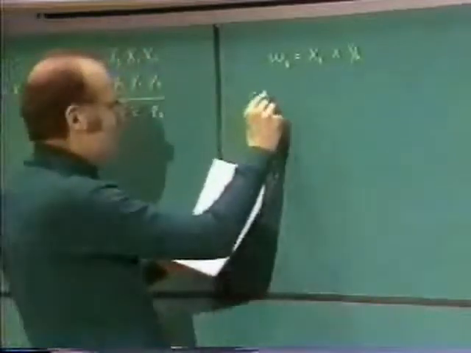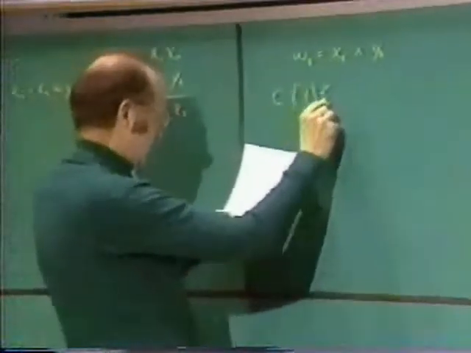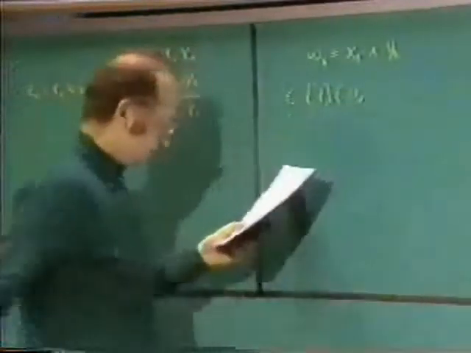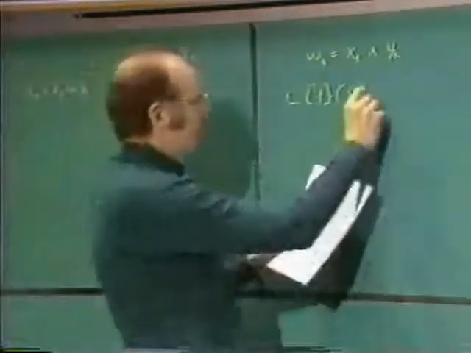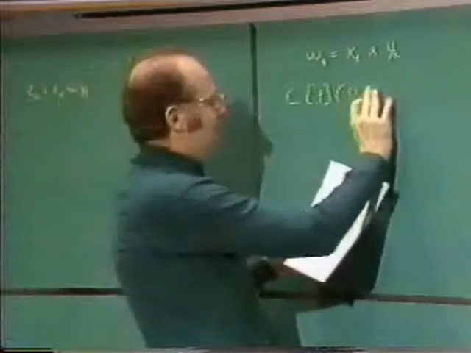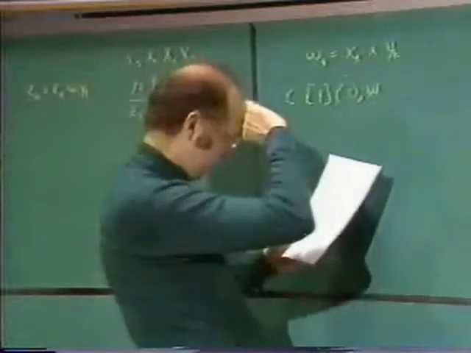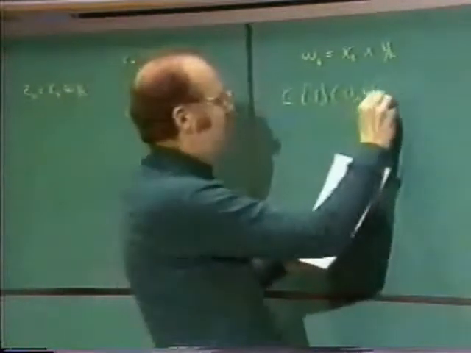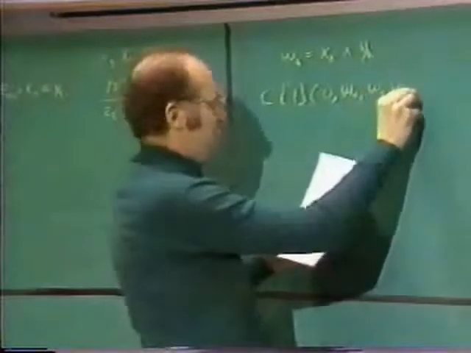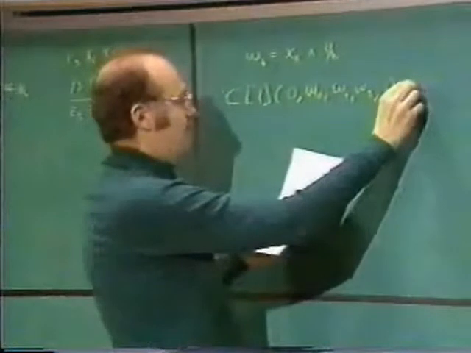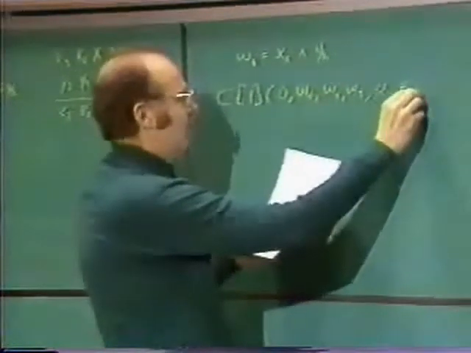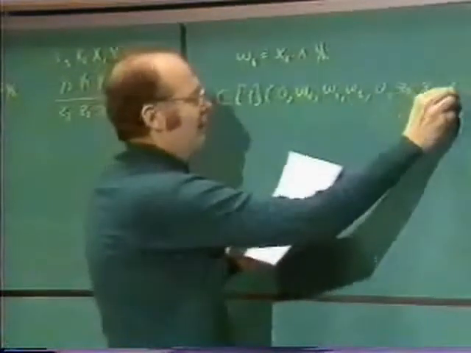I'm sorry about the notation here. And then what we did was we called the routine C1 of W0, W1, W2 with 0, Z0, Z1, Z2. I think that's what it is.